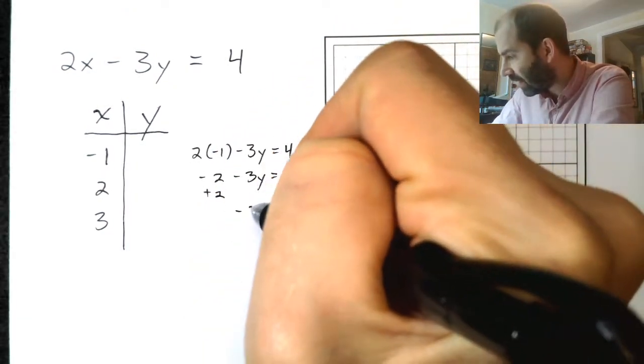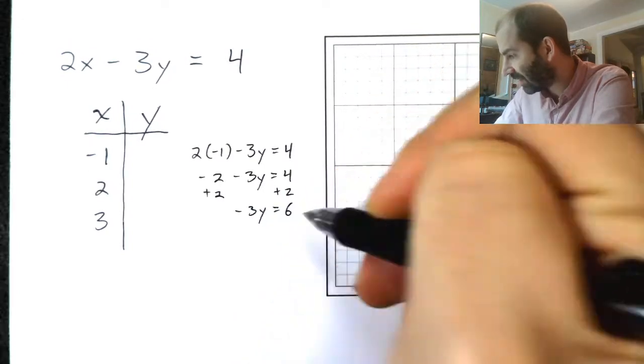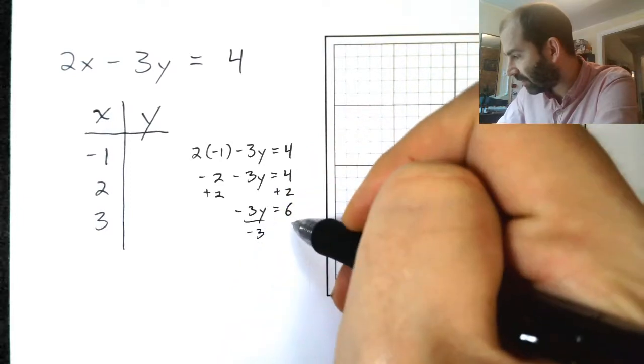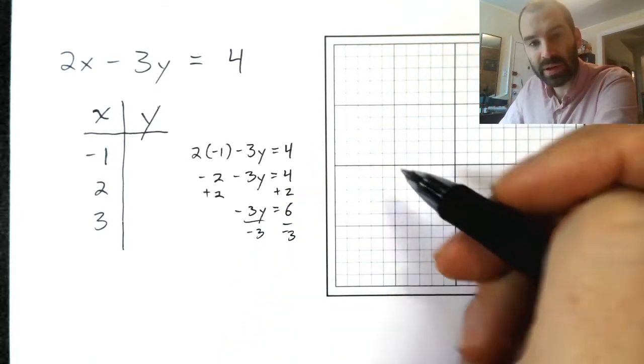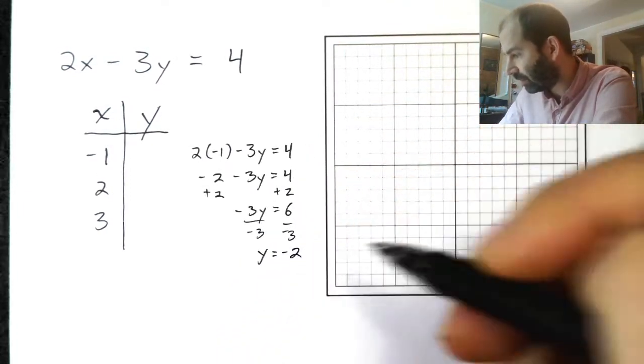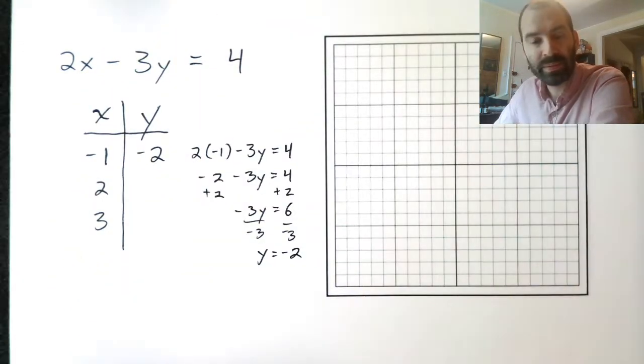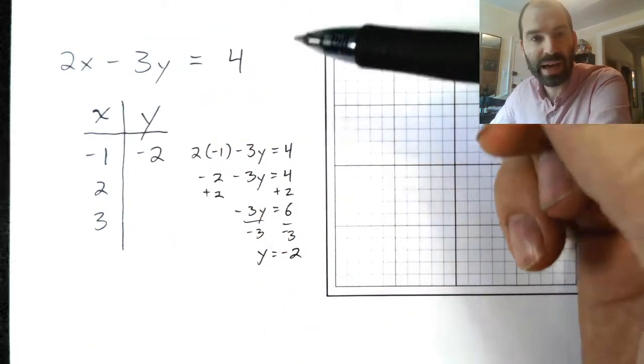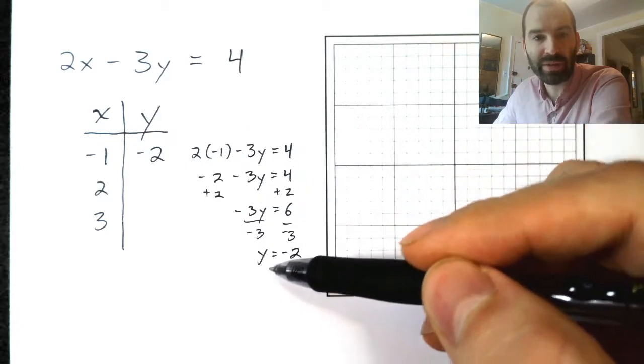So now I have -3y equals 6. So I'll divide both sides by -3, and I get y equals -2. And there's my answer. So by substituting this number in place of x, I can then solve for y and find out what the y is.